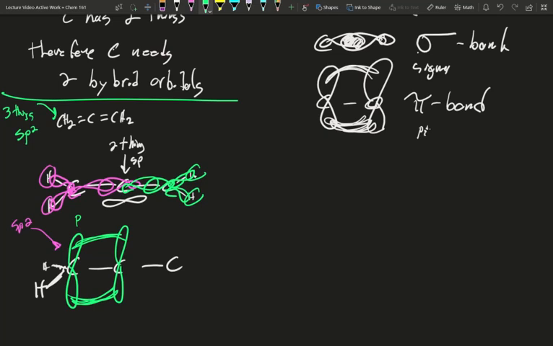Well, that means it's used up. When we want to double bond to our right carbon, I can't go up and down. I have to use the right carbon's in and out. That's the only way we're going to get that second bond. And if we think about our right carbon, it's got 3 things around it.